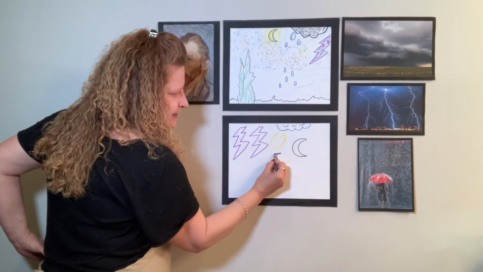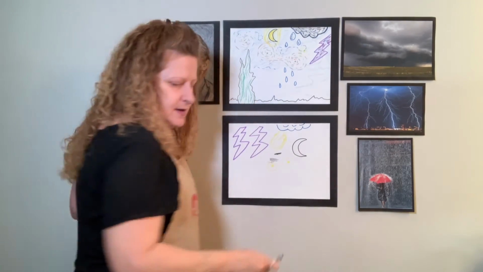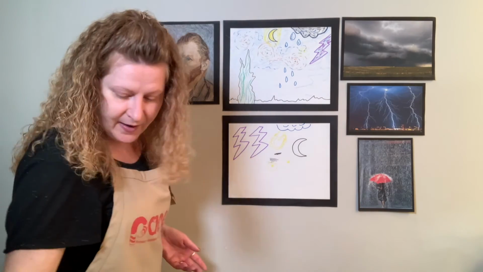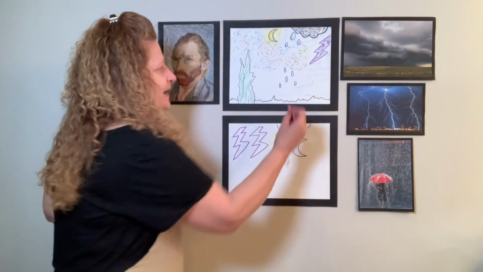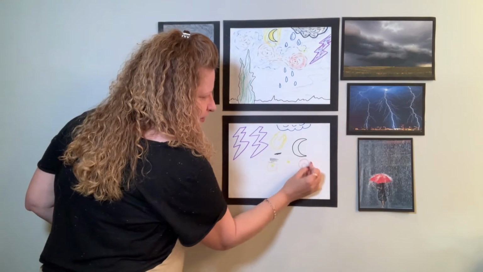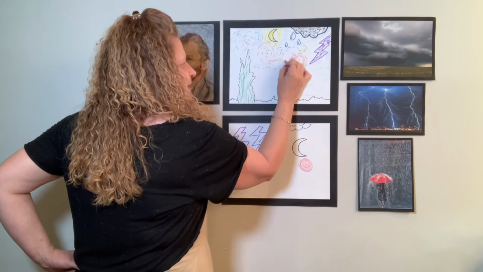Remember, this is coloring really dark. This is coloring really light. Awesome. My wind can also have other colors if you want. Maybe I could add some red, and maybe I could just color squiggly in a circle, just like this.